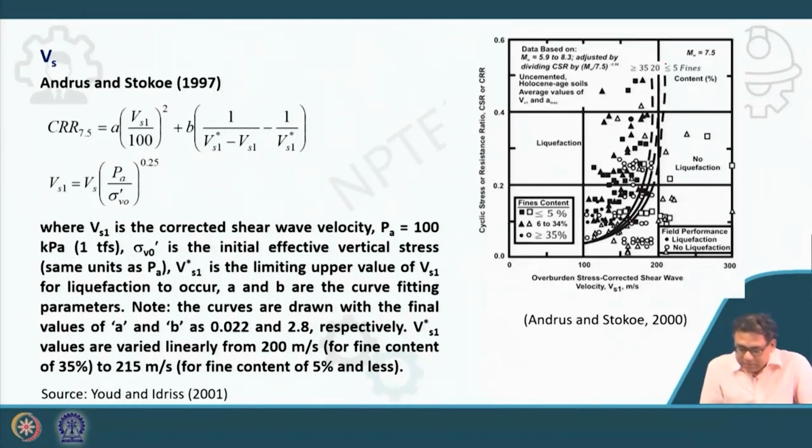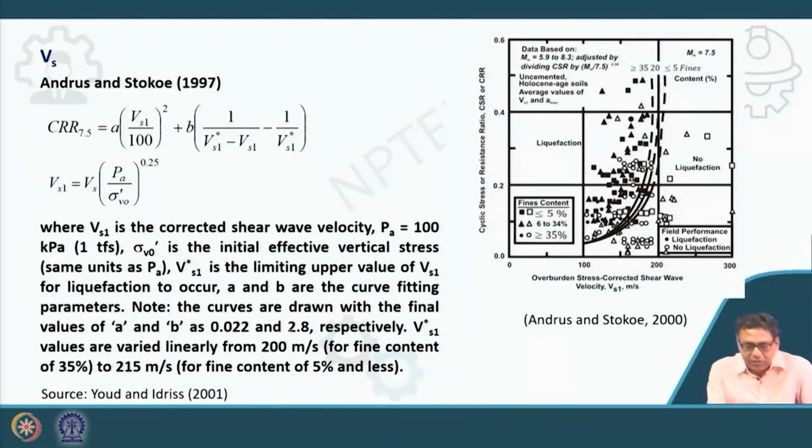So when these curves are drawn for 35% fines, Vs1 dash is taken as 200 meter per second. If it is 5% and less, then it is taken as 215 meter per second, and in between that it is linearly varying. Clear? And A and B values are taken as 0.022 and 2.8 respectively to draw this curve.